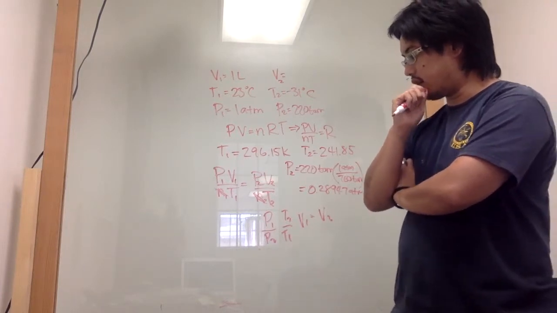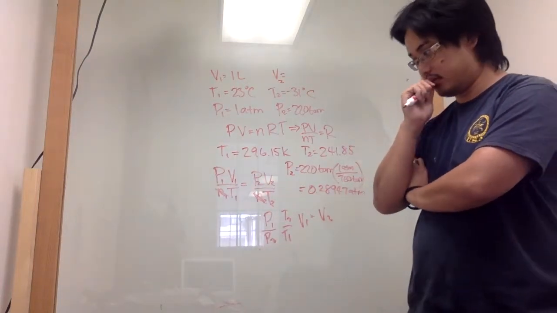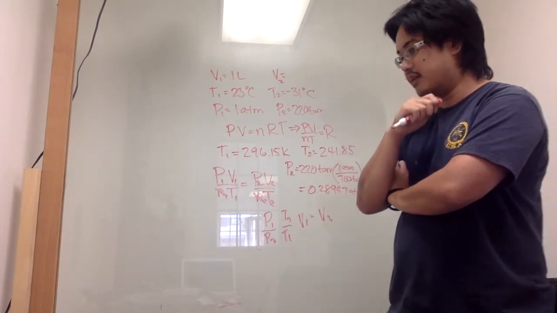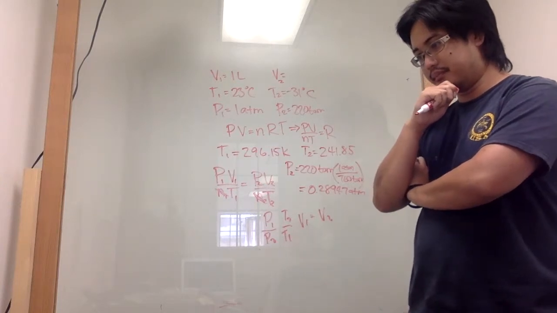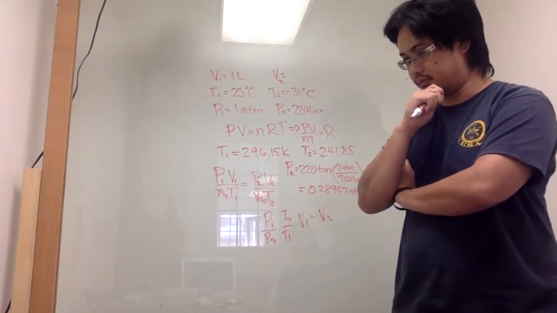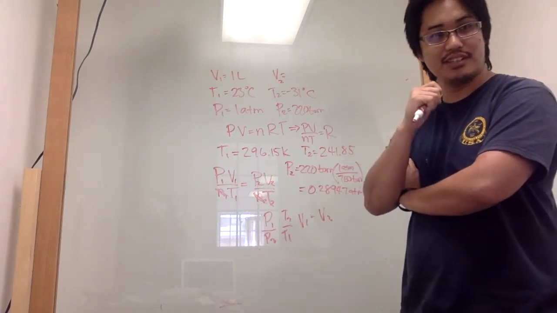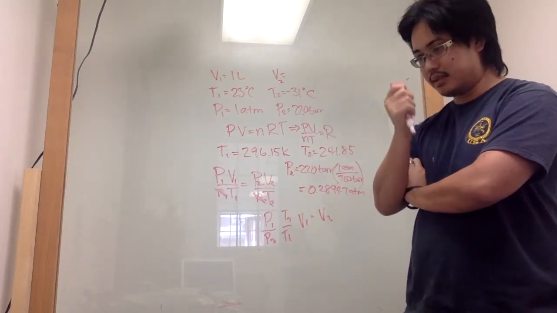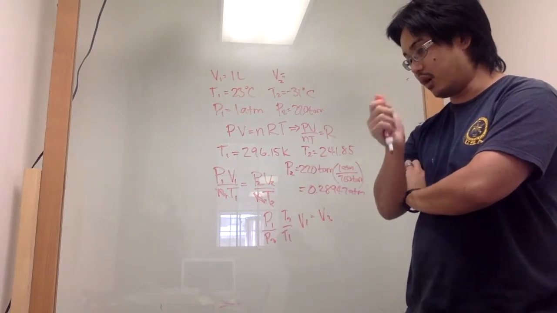The answer that I got was P1 divided by P2. Or I should just say pressure, because that's what it actually represents. Pressure 1 divided by pressure 2 and then times temperature 2 divided by temperature 1.